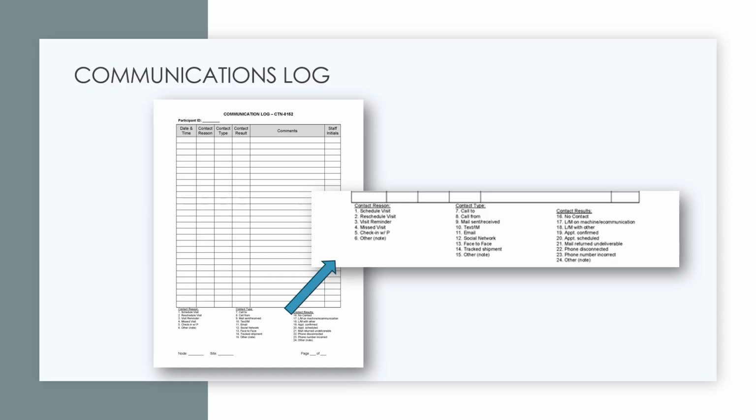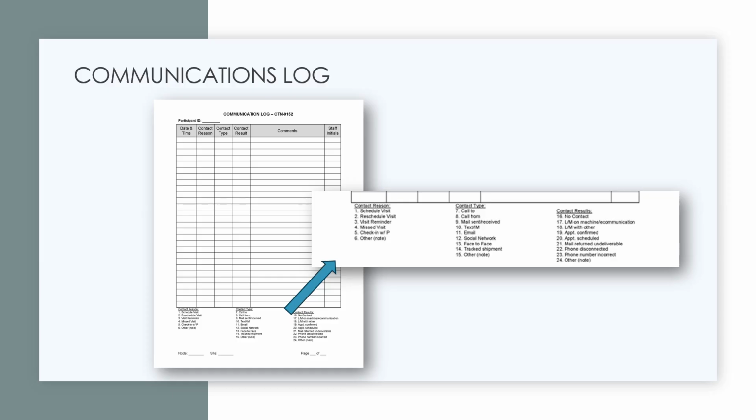Each contact and contact attempt should be documented as a way to demonstrate effective communication and retention efforts. To avoid having to progress note each contact that occurs outside of a visit, we have developed this communication log. The communication log will be kept for each individual participant and will document staff efforts at maintaining contact.